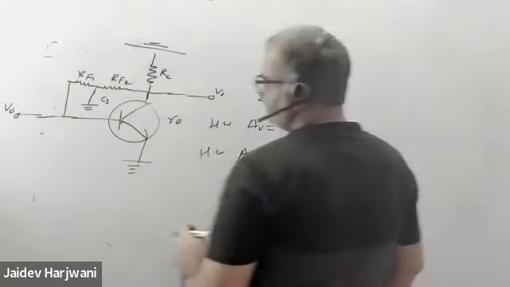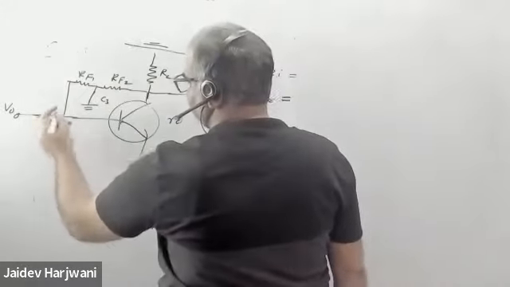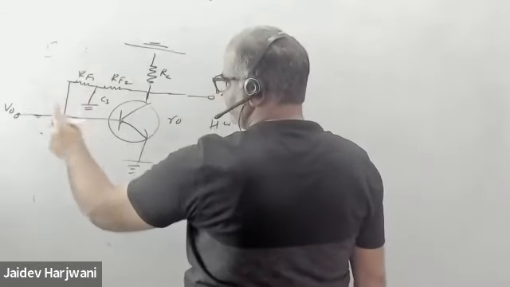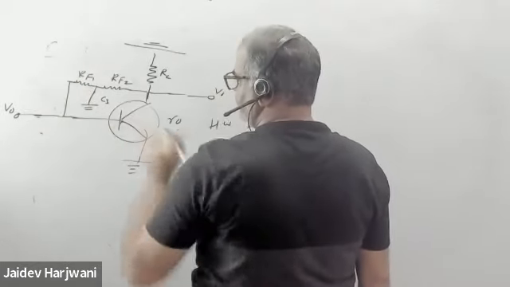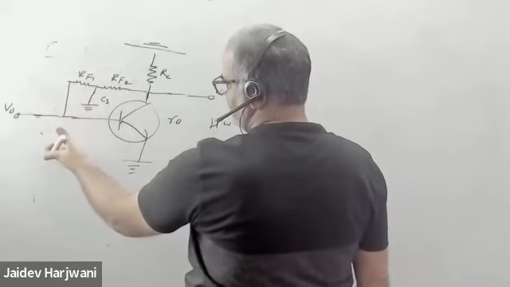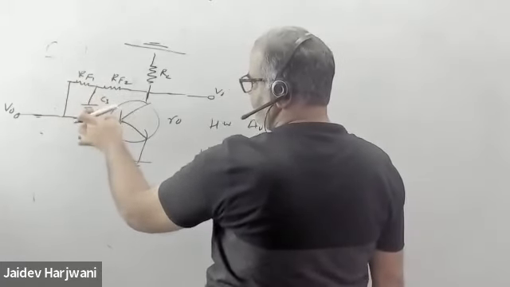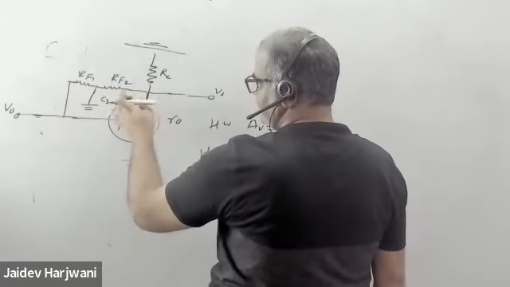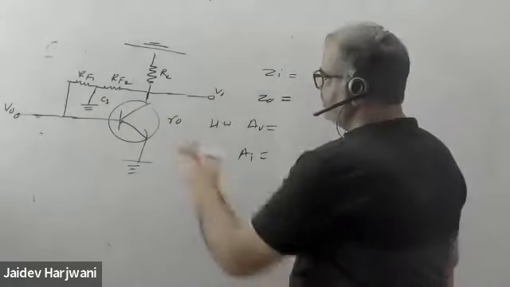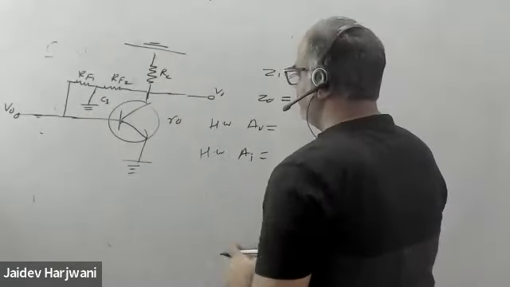Now you make short this one. Now to see the resistance, this RF1 is connected to base and ground, so obviously this will be kept at input. This RF2 is connected to ground plus collector, so this will go to output. Similarly, RC will also go to output, okay.